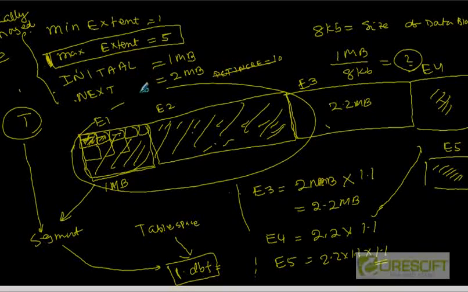Okay, so that means every time I'm going to create a new extent, that is going to be the size of the initial extent, because PCT increase is 0. So whatever I'm talking about next and PCT increase may be useless if you are using a locally managed table space. By the way, that is the default table space management starting from Oracle 10G.